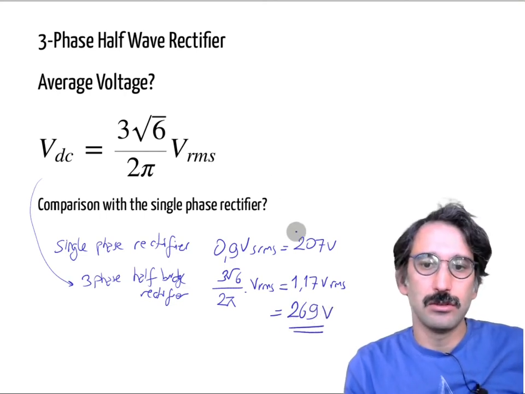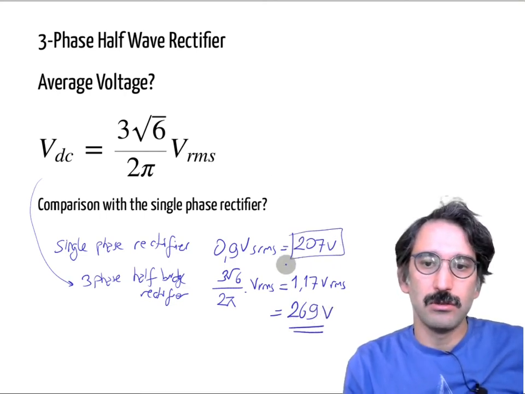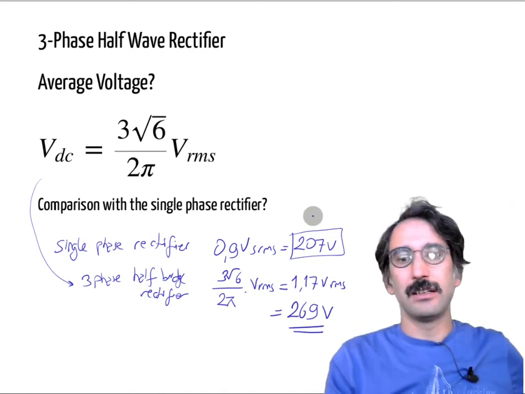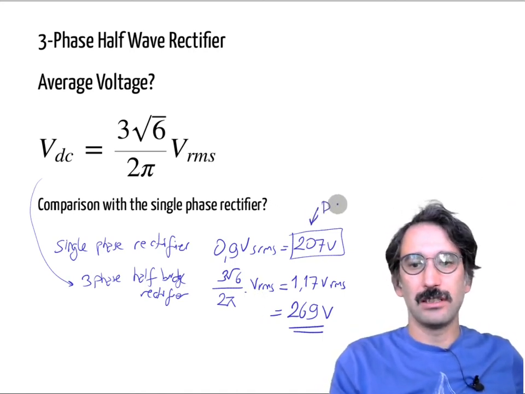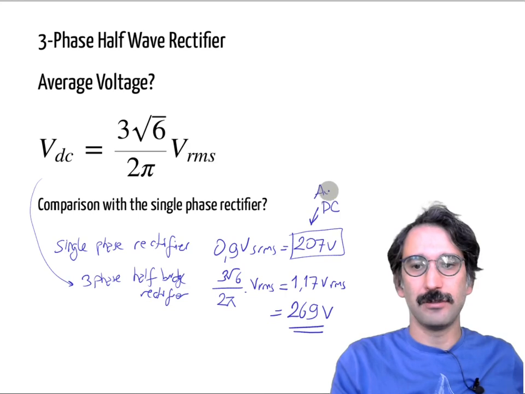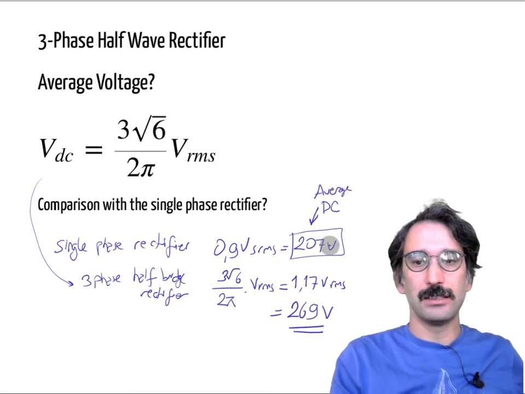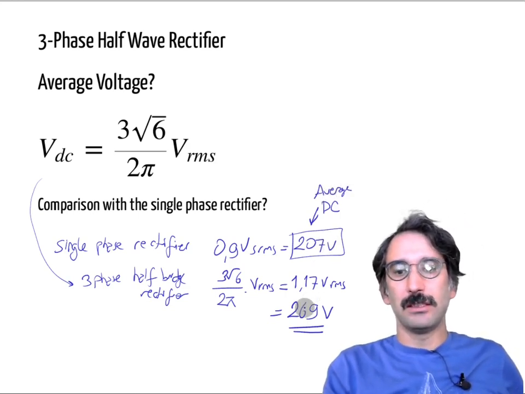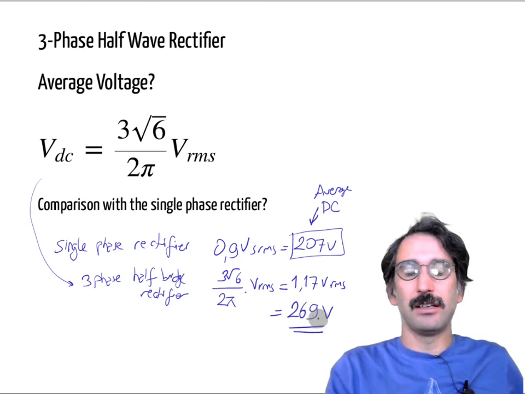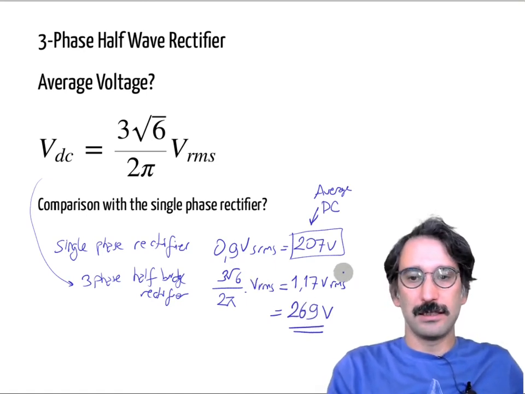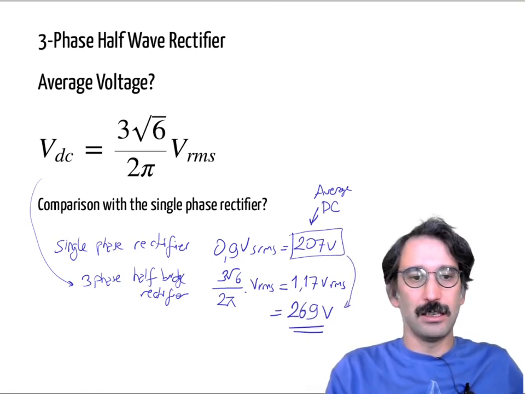So if you use a single phase rectifier, you can get an average DC of 207 volts, but if you use a 3 phase half wave rectifier, it is 269 volts, so it is increased from the single phase rectifier.